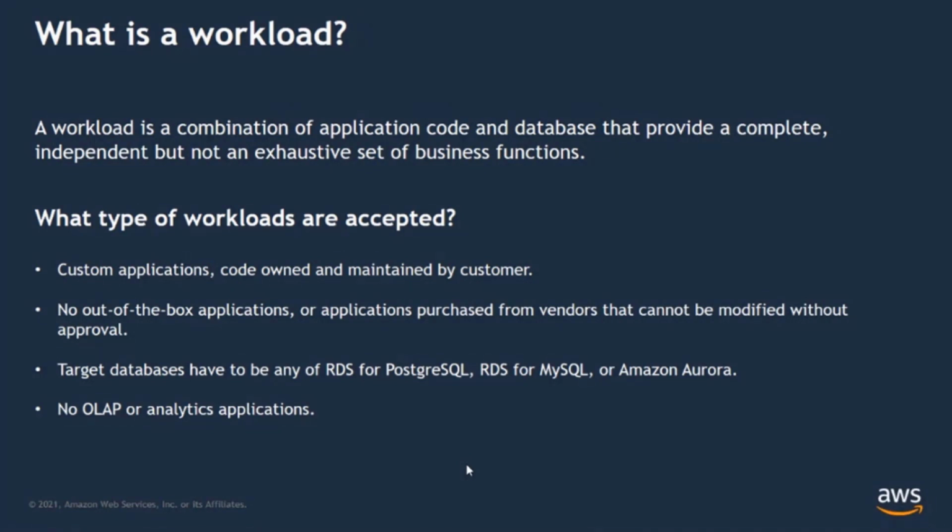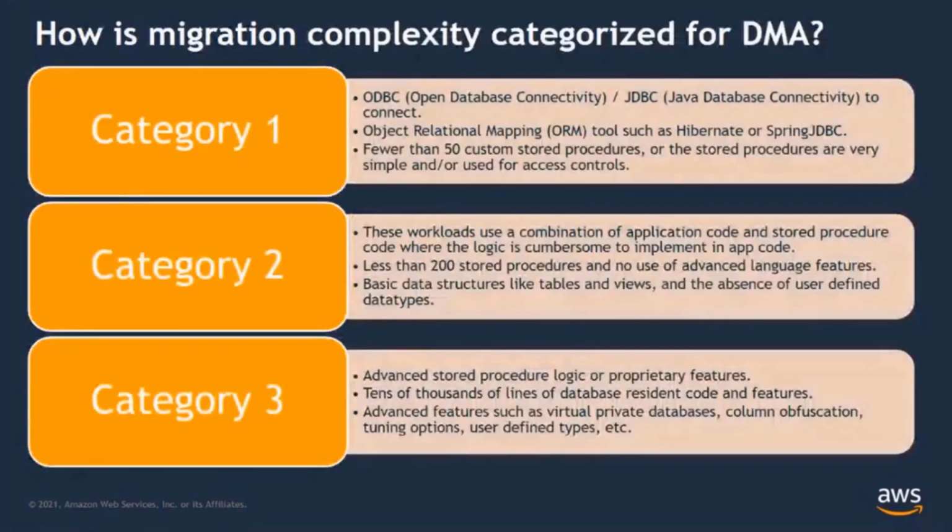If the vendor has only certified it to run against Oracle, your best path there is to either go back to the vendor and see if they happen to support open source, or look at possibly another application. But really, DMA is targeted towards those in-house or custom-built applications that you have access to and control of the source code. We'll happily work with you to get those ones converted to a native Amazon or open source engine.